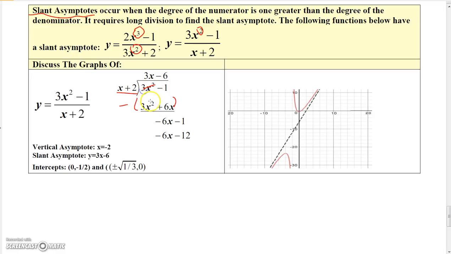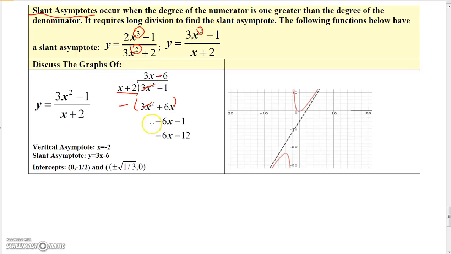Well, then these terms cancel. Now, there's no x term up here, so I'm basically subtracting 6x from nothing. So that's going to give me minus 6x, and then I'm going to bring down the minus 1. And then I have to say, well, what times x gives me minus 6x? Well, that would be minus 6. So I add the minus 6 up here, and then I multiply back again. Minus 6 times x is minus 6x.